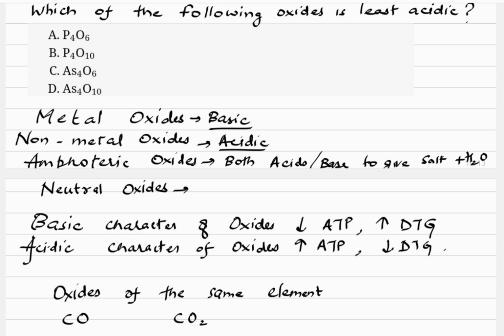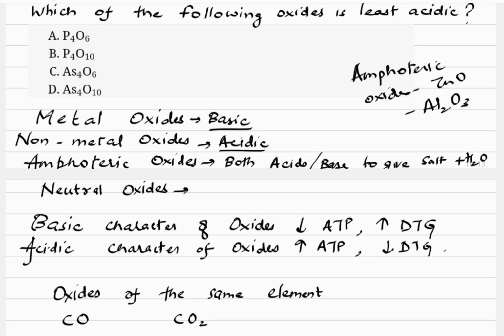We have two of this category: zinc oxide, which is amphoteric, and aluminium oxide, which is amphoteric. That means these two oxides react with acids and bases both to give salt and water. Reactions we have done in grade 10.